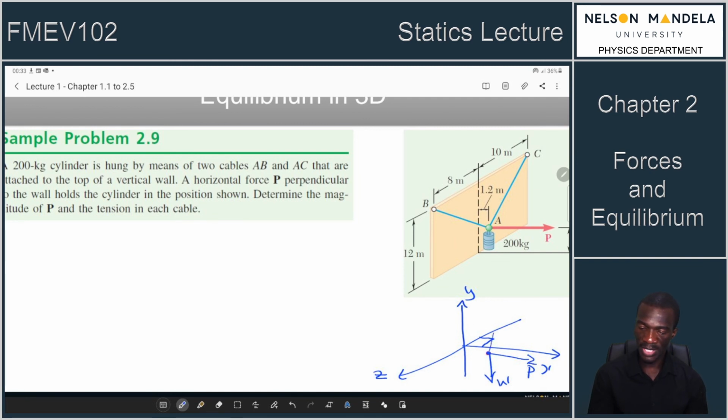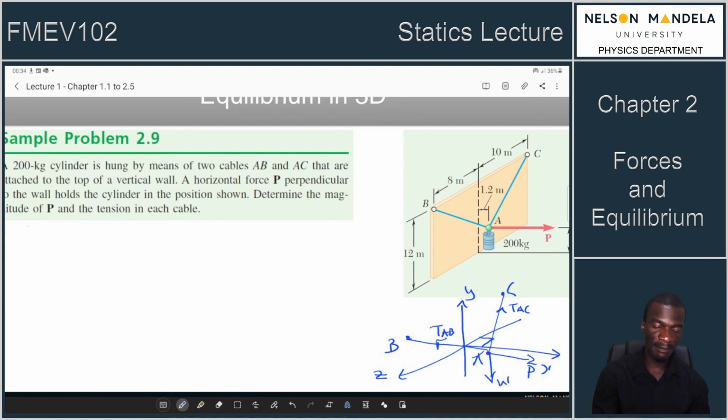The weight is drawn already. The tension from points A to C, and then the tension from points A to B. So that's your TAB, TAC. Right. So now that you have that, this is in equilibrium.